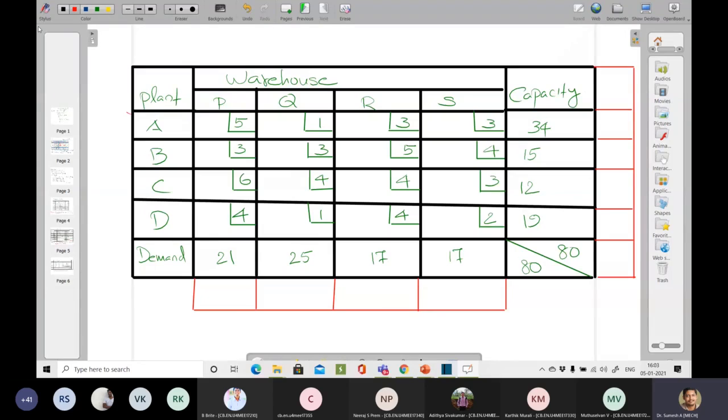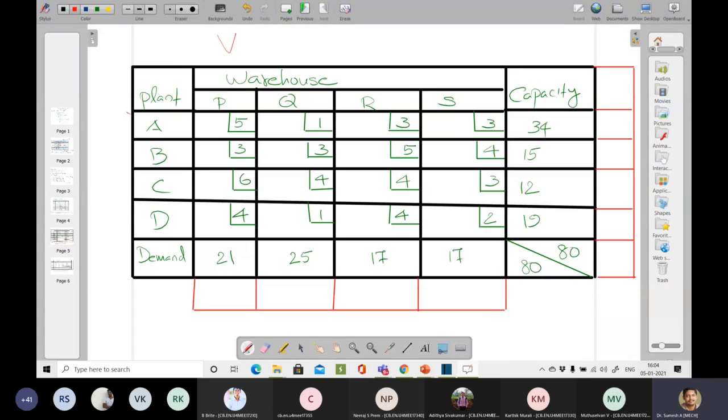It is also an iterative procedure like the least cost method, but here first you have to find the row difference and the column difference. The method I am going to solve is called Vogel's approximation method, in short VAM.